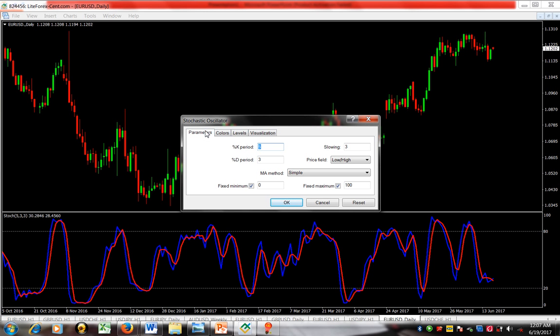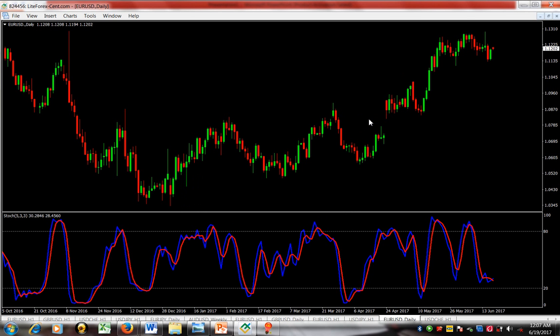That is, it indicates the region where the market is being overbought, meaning overvalued, where buying is saturated. This particular region is the overbought region and this is the oversold region.